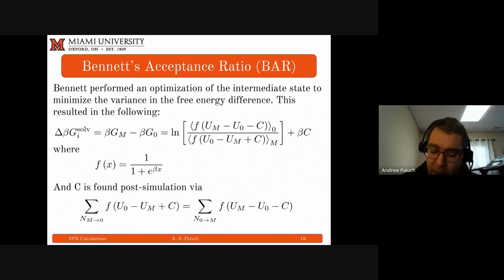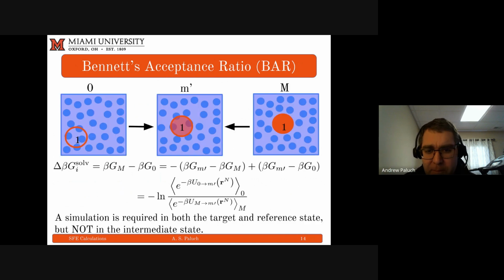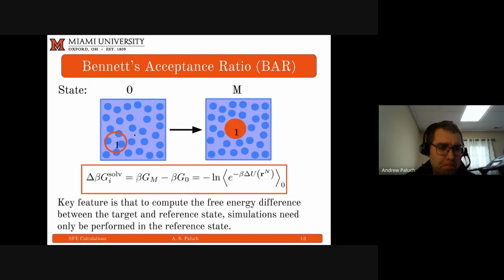Okay, and phase-space overlap again is, if I go back to this picture, I'm performing a simulation just in state 0. So I'm generating configurations that follow the configurational integral of my reference state. It may be that a lot of the configurations I generate in state 0 are not of value in state m.